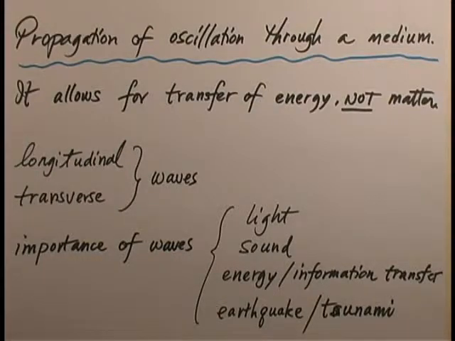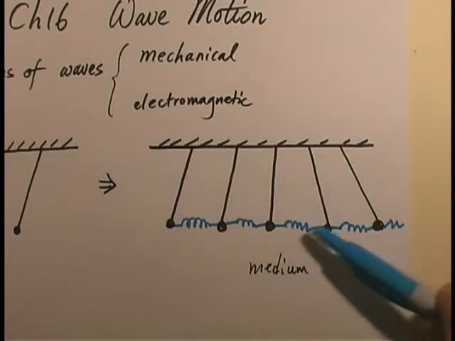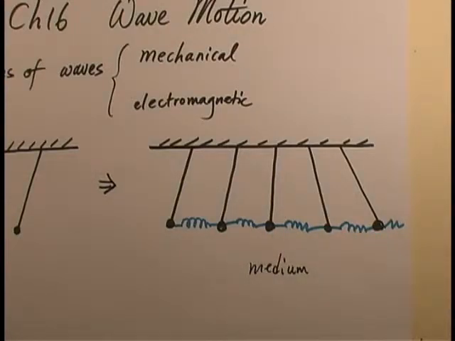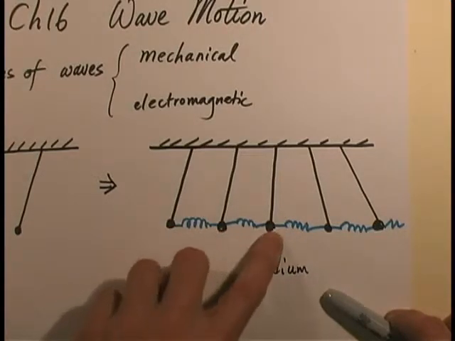When you have oscillation, for example, let's bring back this case. You have oscillation of these particles. Of course, when this thing starts to oscillate, it starts to have energy, mechanical energy. You start from this oscillator, then the wave propagates to the next one, to the next one, to the next one.